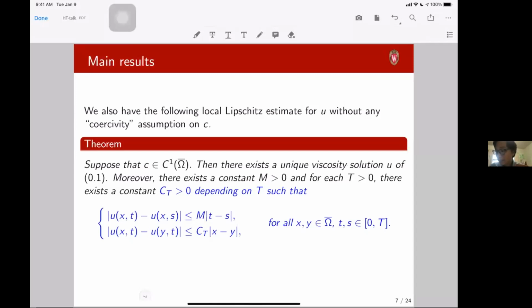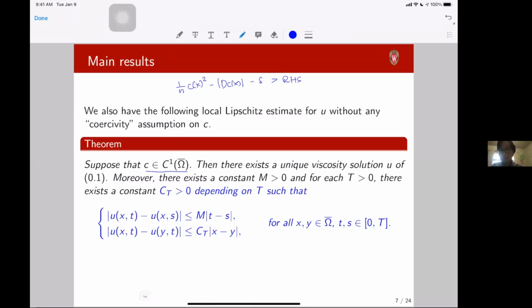So what I mean by that is that if we only assume that C is C1 up to the boundary without imposing the coercivity conditions, again, the earlier coercivity condition involved this sort of thing, minus delta greater than or equal to the right-hand side. It can be 0 or something that involves the geometry.